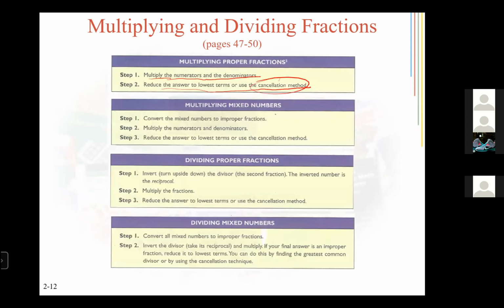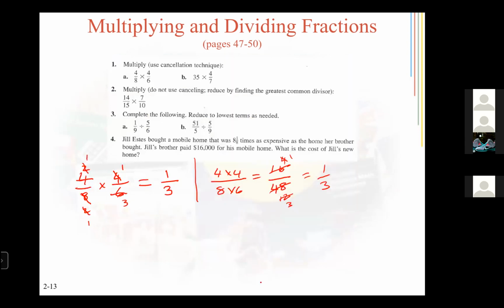Now, what did they say about the mixed number? If you have to multiply mixed numbers, what's the first step? Convert it to an improper fraction. So when you are doing the multiplication of mixed numbers, you have to convert them to improper fractions.